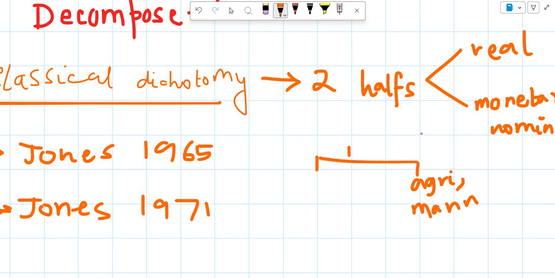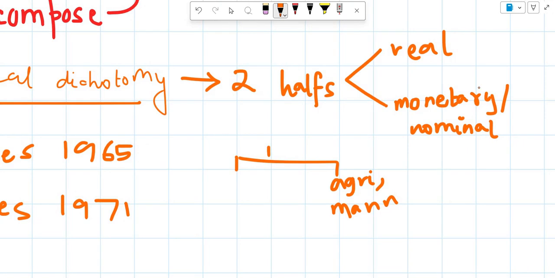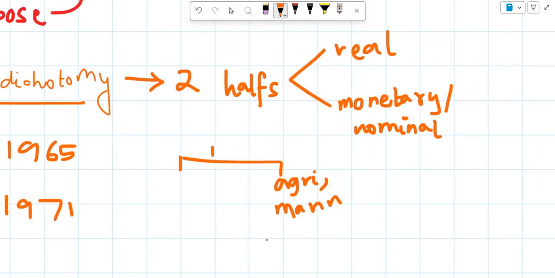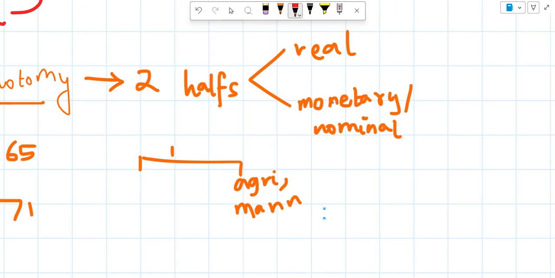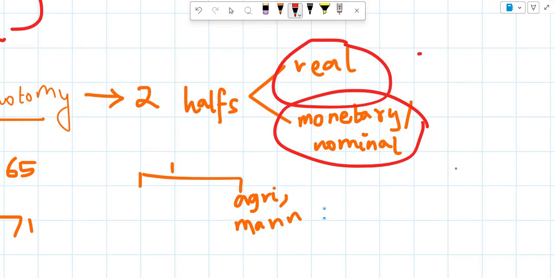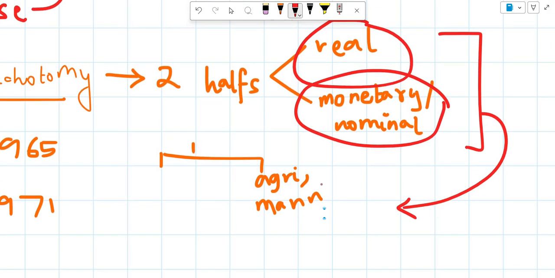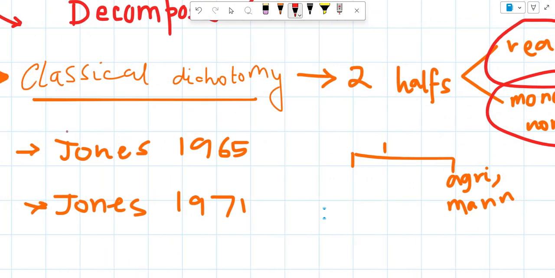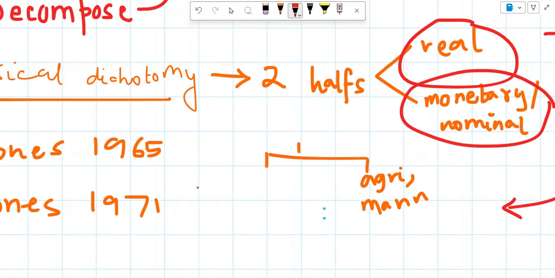Now, where are the two sides of the economy? Do you mean that we need to decompose the economy into the agricultural and manufacturing economy? Of course not. Here we divided the economy into a real side and a monetary side. These two divisions give us some idea about how we can decompose the economy in the case of the Jones 1965 model or the Jones 1971 model.